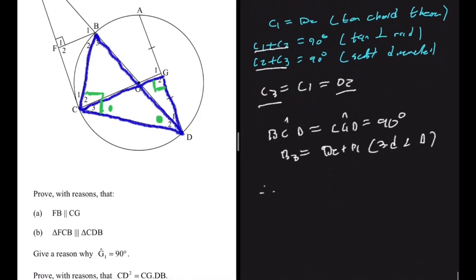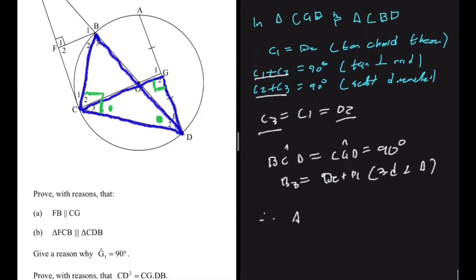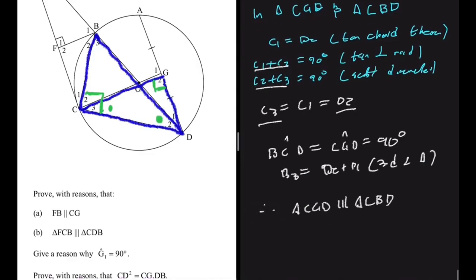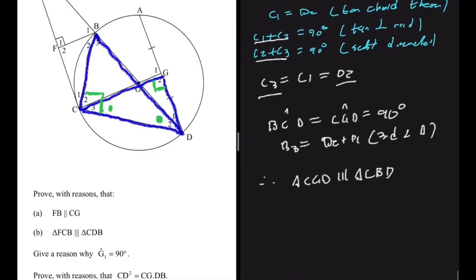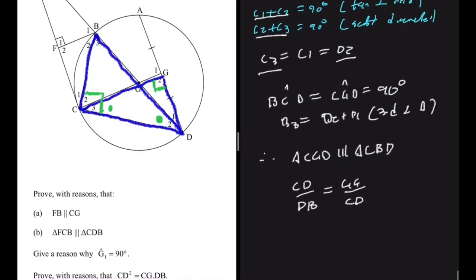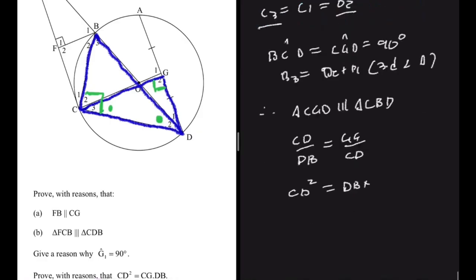So now we can conclude that triangle CGD is similar to triangle CBD, right? And then we can say that CD divided by DB is equal to CG divided by CD. If we cross multiply, CD squared is equal to DB multiplied by CG, right? This is CG right here.